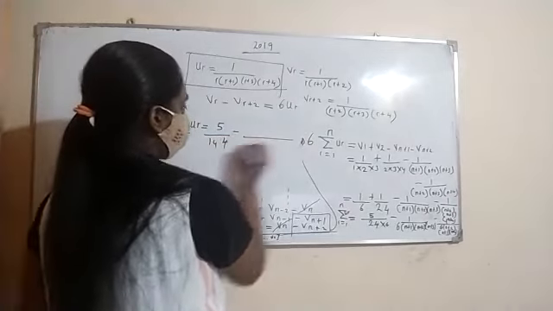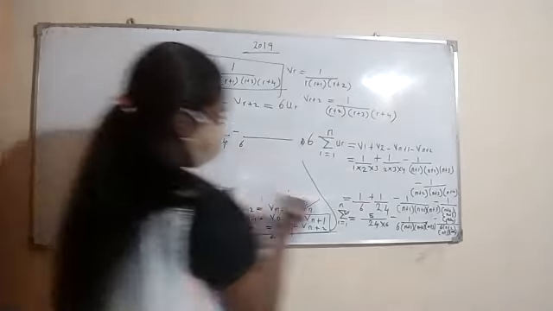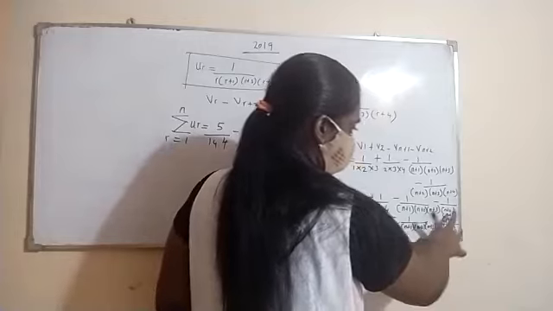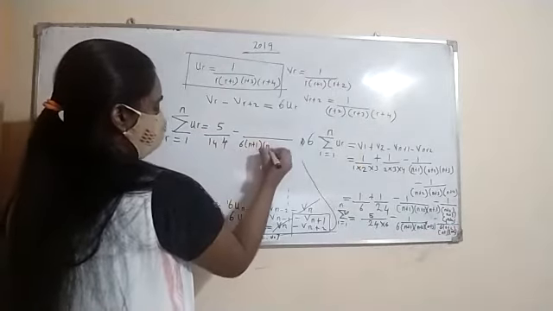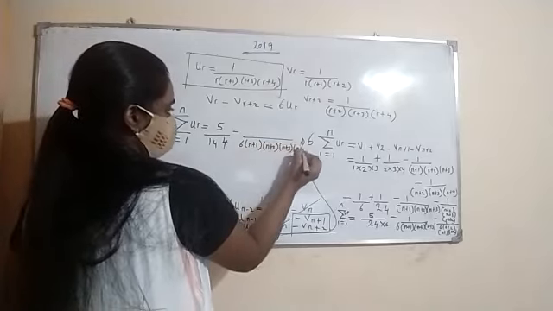Minus, you have to take the LCM. When you take the LCM, what do we have? Here N plus 1, N plus 2, N plus 3. Here N plus 2, N plus 3, N plus 4. Then we have N plus 1 into N plus 2 into N plus 3 into N plus 4.